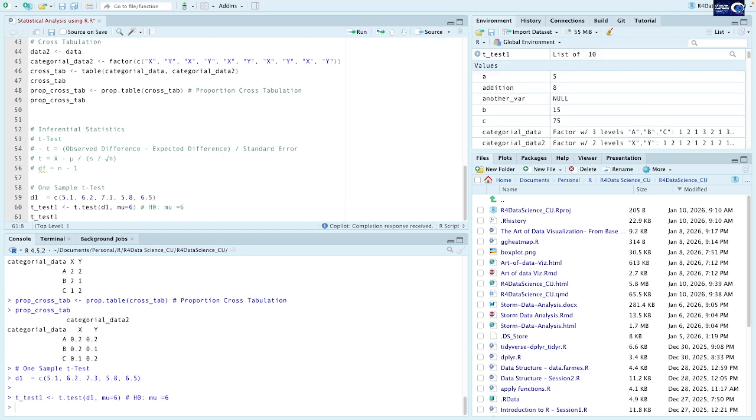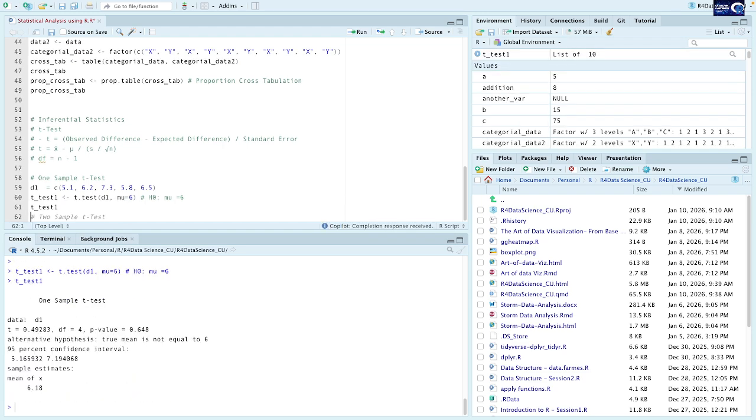Now if you look at the t-test output, we have a few important points. One is the t value, which is 0.49283.